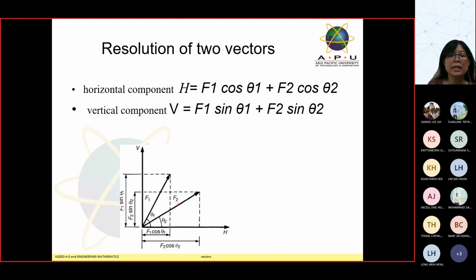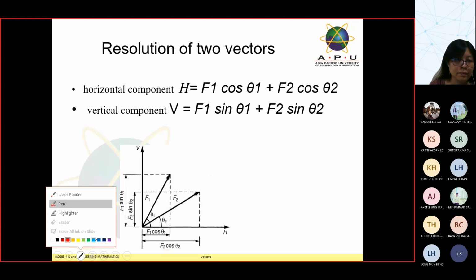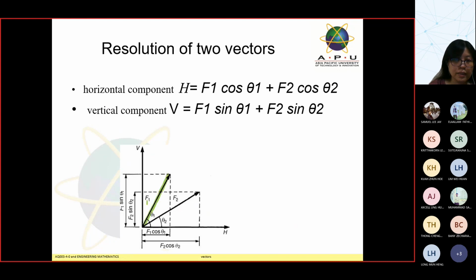When we refer to F1, say this is our F1, what is the angle? It's theta 1.